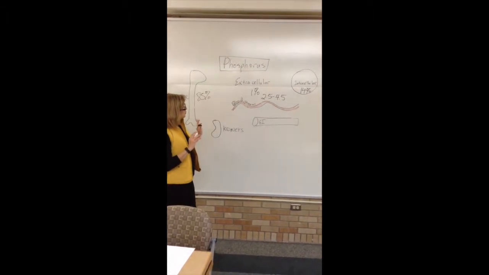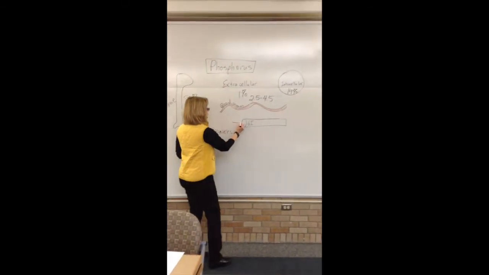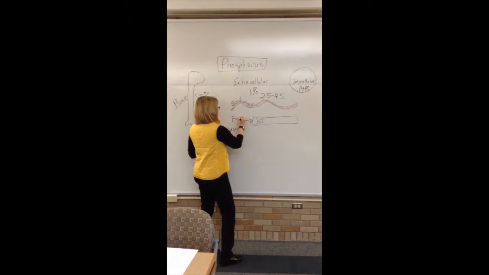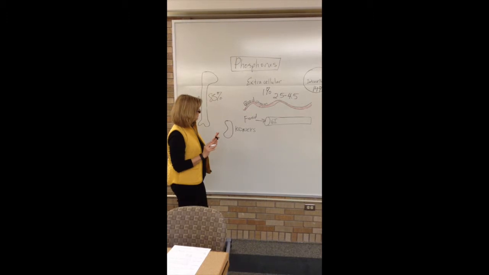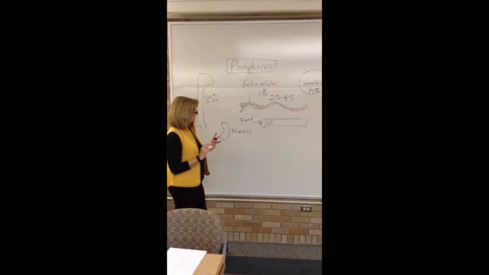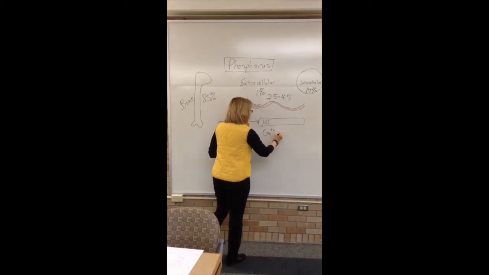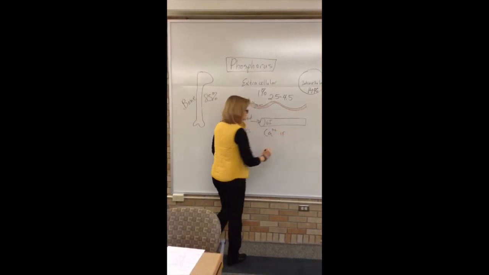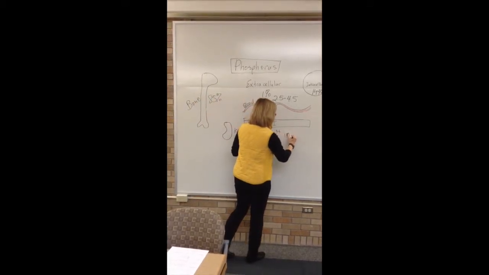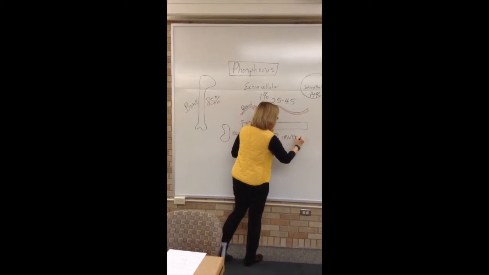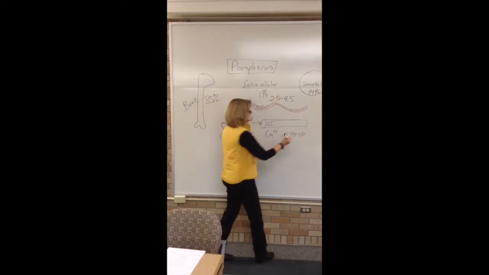So how do we keep phosphorus levels up? Well, we eat food that has phosphorus in it. Lots of foods have phosphorus in them. How else do we regulate it? We can regulate it via our calcium. It's inverse with calcium and phosphorus.